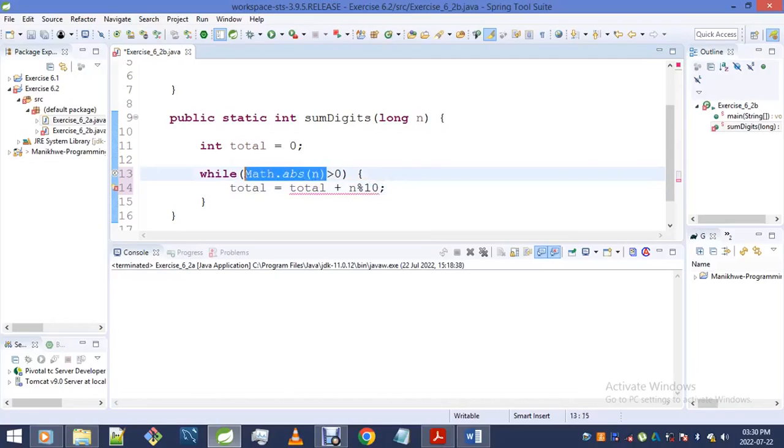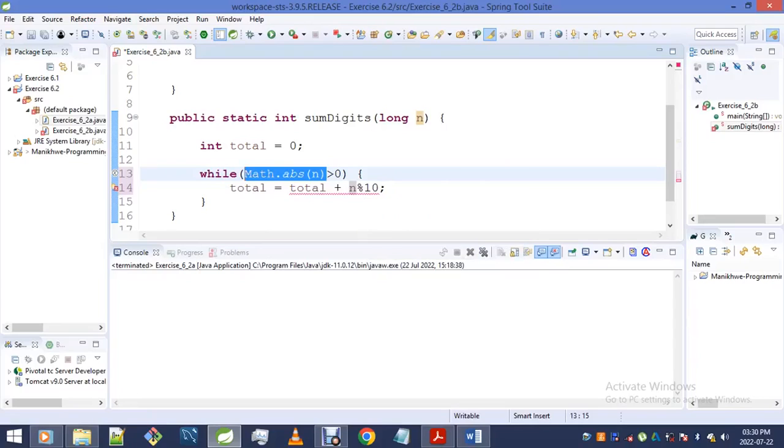Remember that line right there, math.abs is an absolute value of n, but if we had n as a negative number, it doesn't mean that that n right there will be treated as a positive number. It will be treated as a negative number. It is only in that line there, in line 13, that we treat n as a positive number.